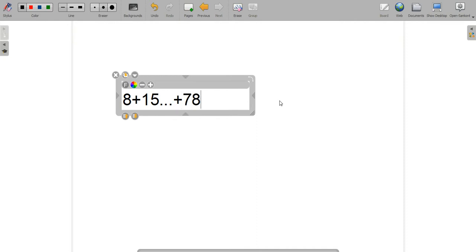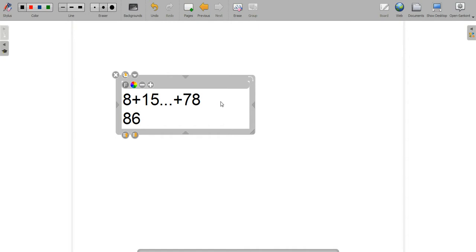Okay, so this one's a little hard, but let's try to figure it out. First, add the first number with the last number, and that will give us 86. And how many numbers are there? 78 minus 8, that's 70.